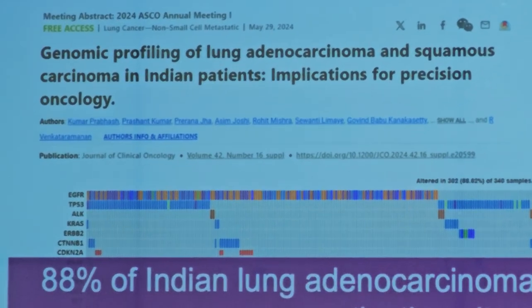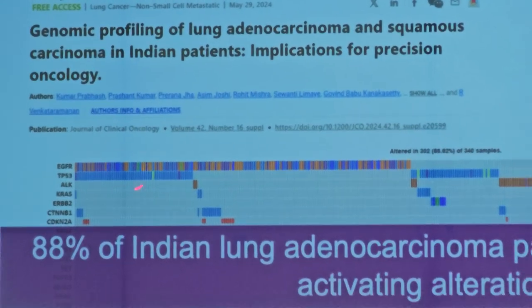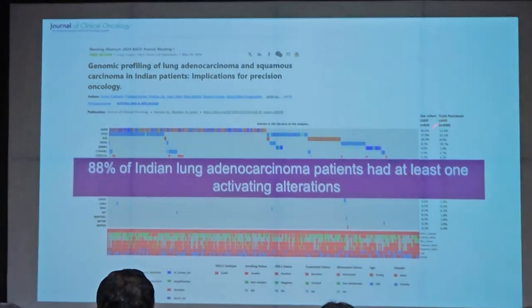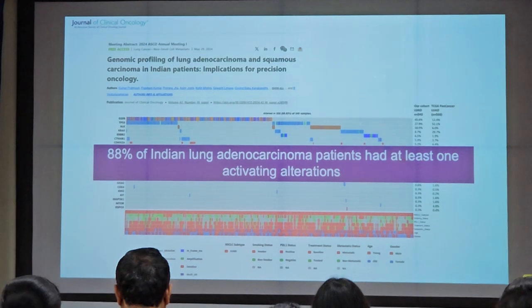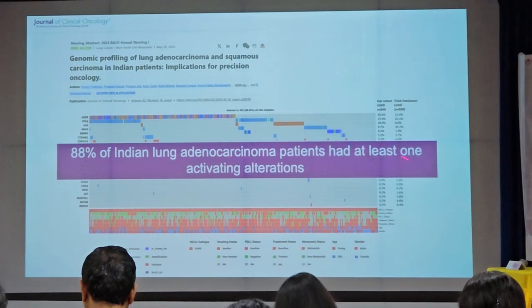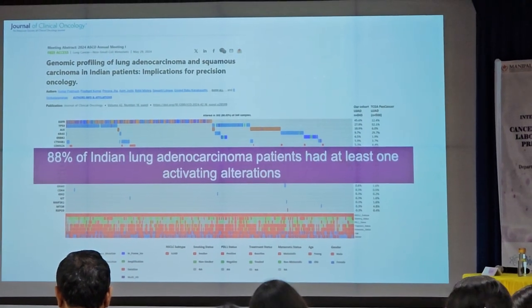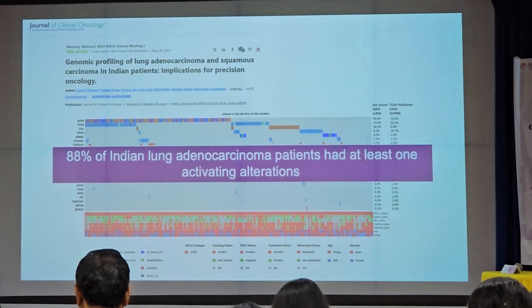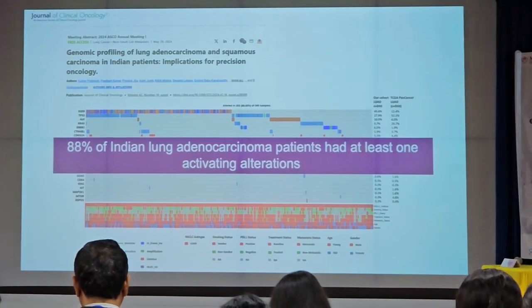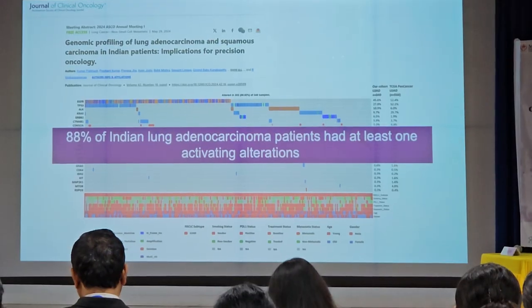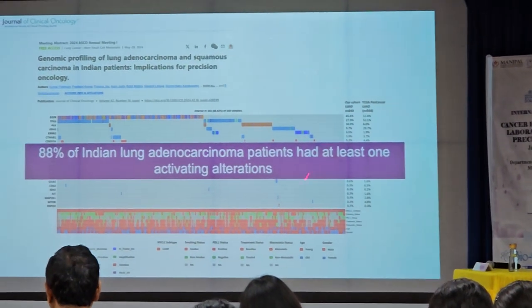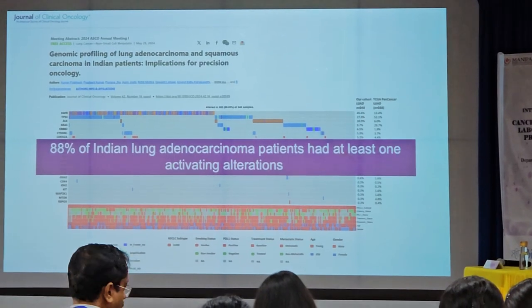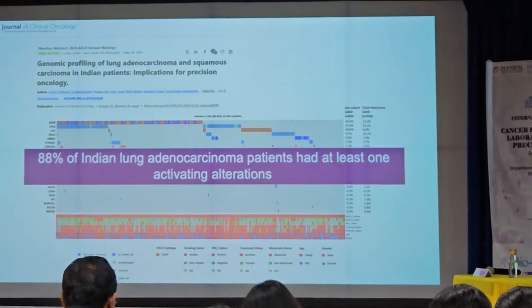And what you would see is that there are some mutations. You would see the EGFR mutation, where the frequency of mutation is 45%. Imagine. And you compare that with the TCGA, which is 12.4%. See the disparity of a mutation, one such example. But what you see is that 88% of Indian lung adenocarcinoma patients have at least one activating alteration.